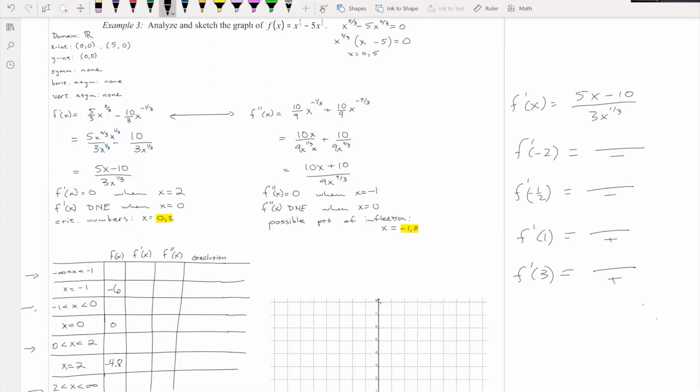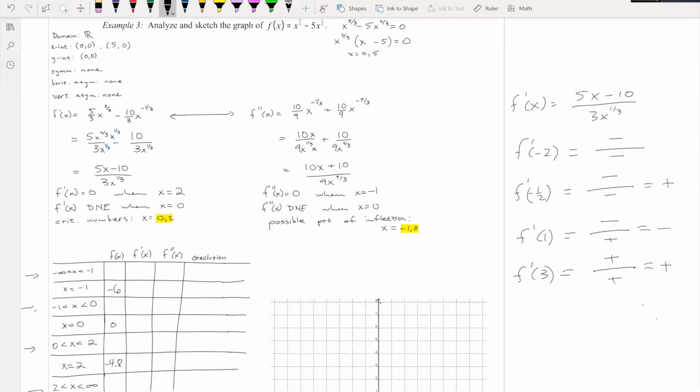into my function. In the numerator, when I plug in -2, I get -10 minus 10, that's negative. When I plug in -1/2, I'll have -5/2 minus 10, which is negative. When I plug in 1, I get 5 minus 10, which is negative. And plugging in 3, I get 15 minus 10, which is positive.